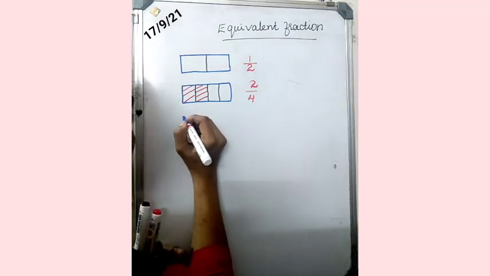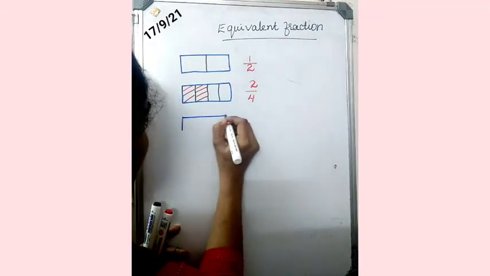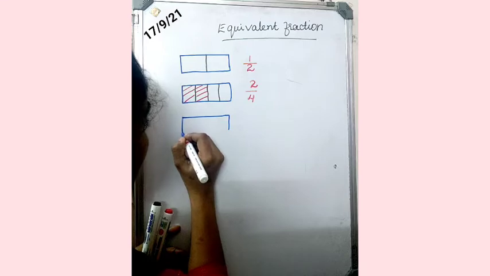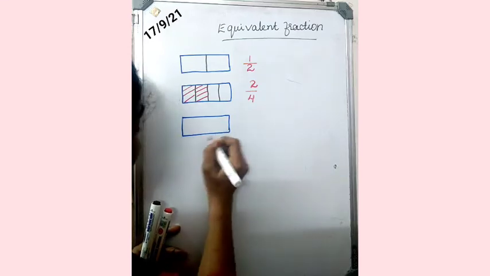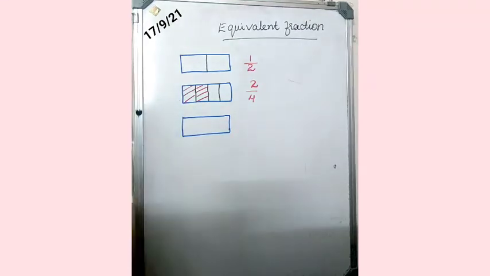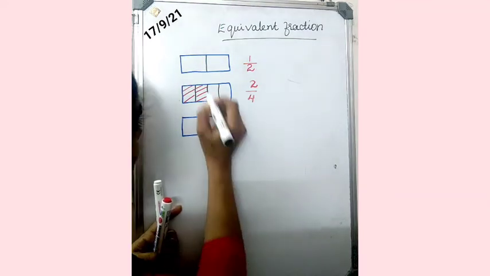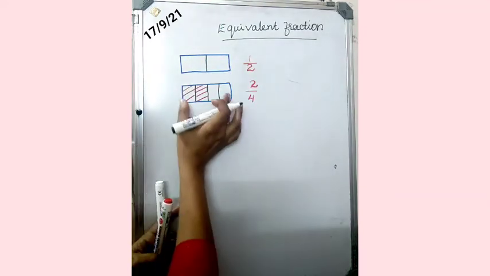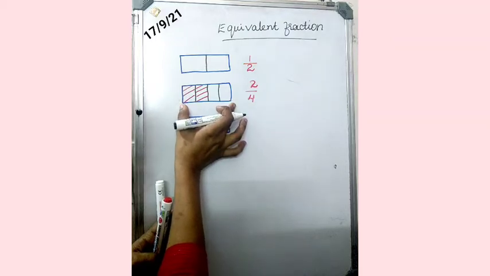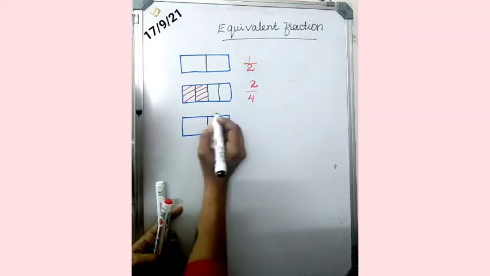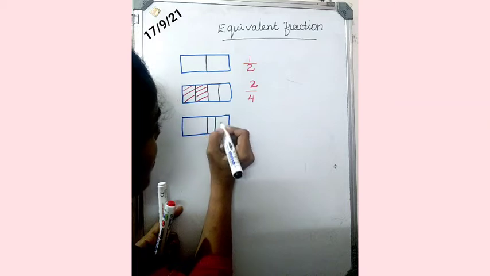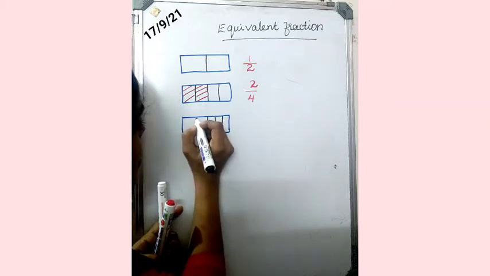Now, again I am cutting this rectangle into 3 pieces. First I cut into halves, 2 halves. Again I divided that half into 2. Again, I am cutting that half into 3 more pieces.